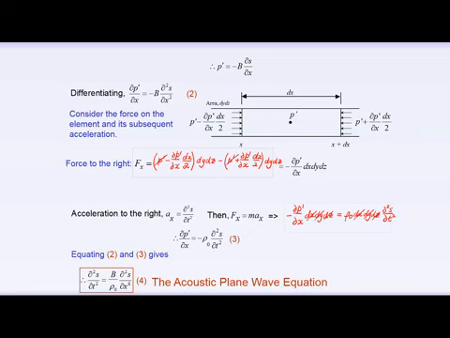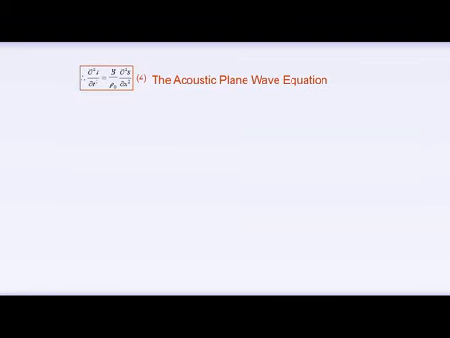And this is going to be our acoustic plane wave equation. It's got the form of a wave equation: the second derivative of displacement with respect to time is a constant times the second derivative of that displacement with respect to x.